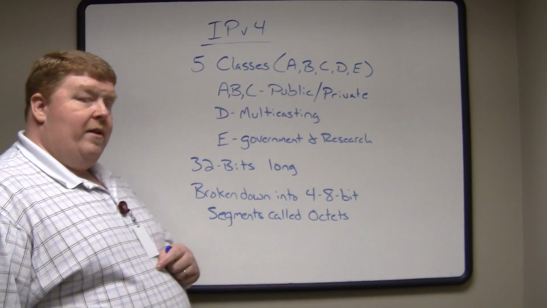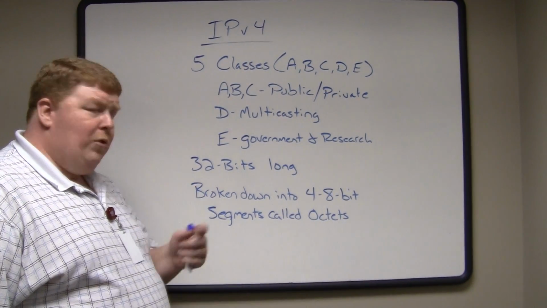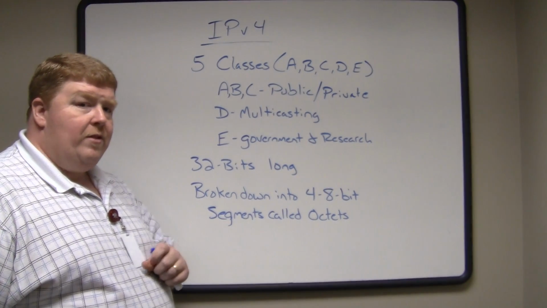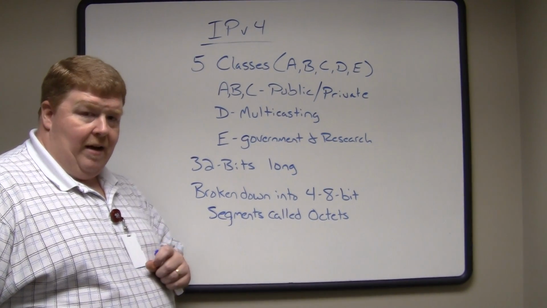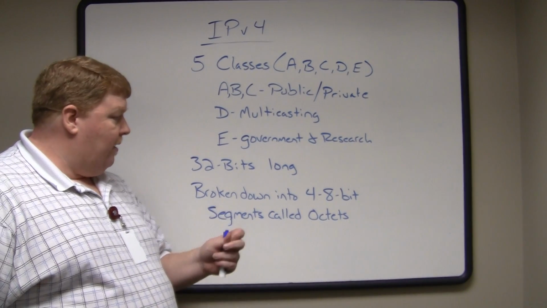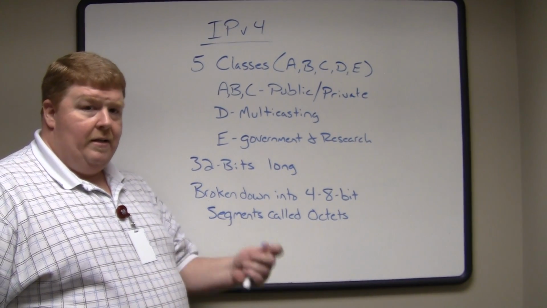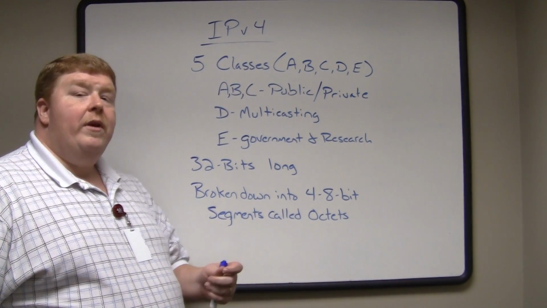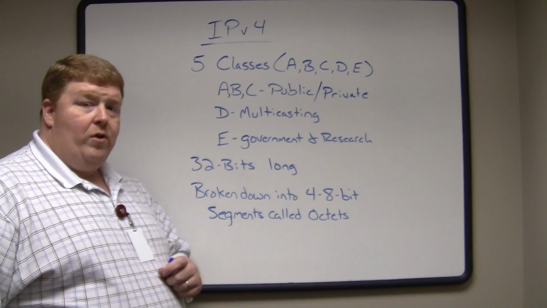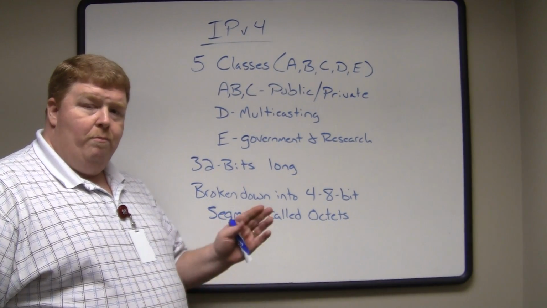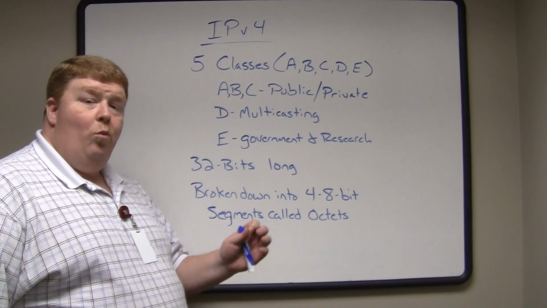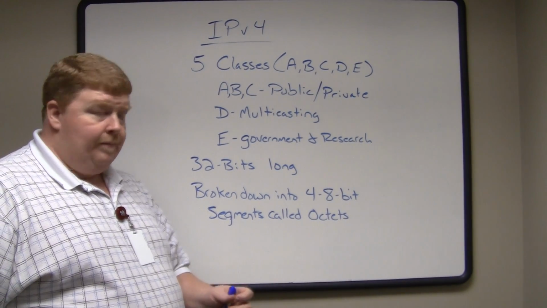Now, your IP address is also 32 bits in length, or 32 bits long. If you know anything about binary numbers, you know that the word bit is short for binary digit. So what it's telling you is that the IP version 4 address is 32 binary digits long, or 32 ones and zeros.